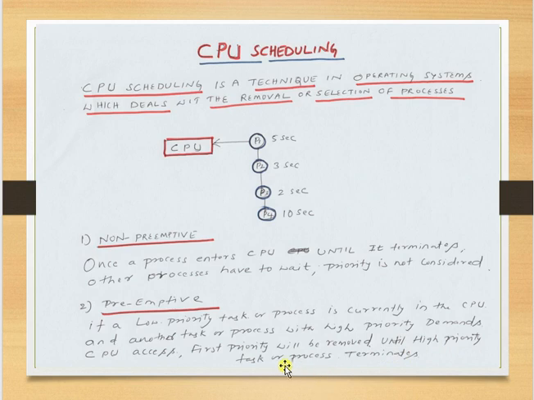That is the difference between non-preemptive and preemptive with respect to the process.